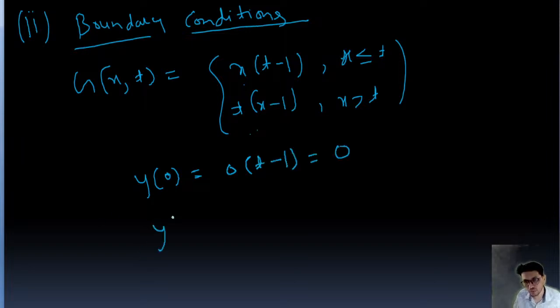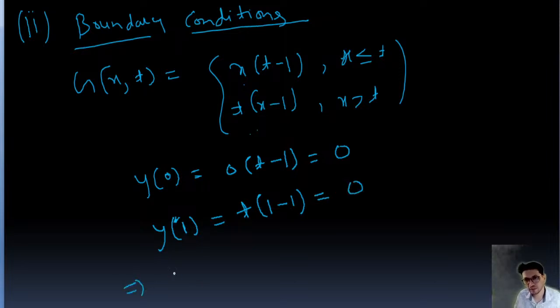Now we'll check y at x equal to 1, the second boundary condition for the second term. So in this term we'll put x equal to 1. This is going to be t into 1 minus 1. In place of x we have put 1, right? 1 minus 1, so this is 0.